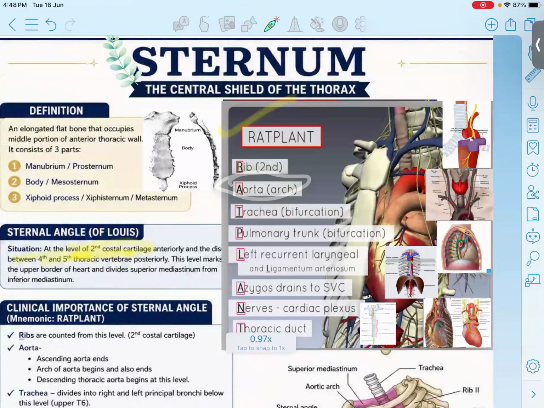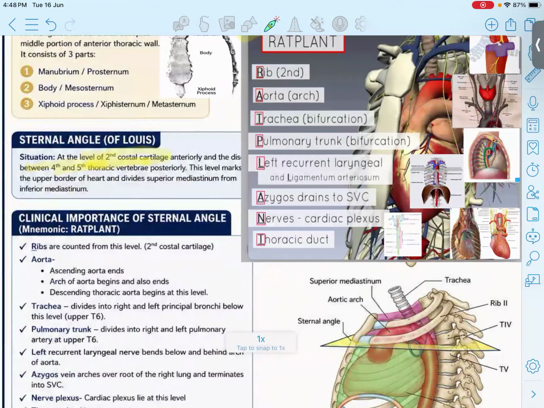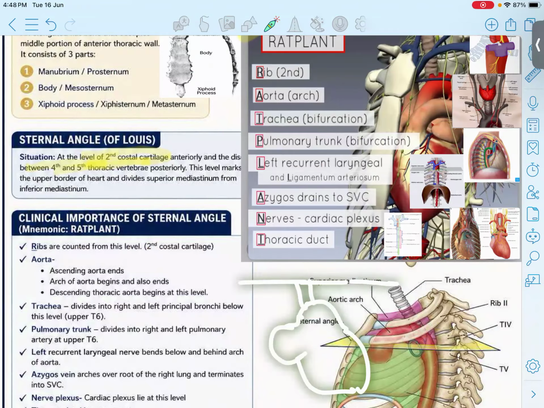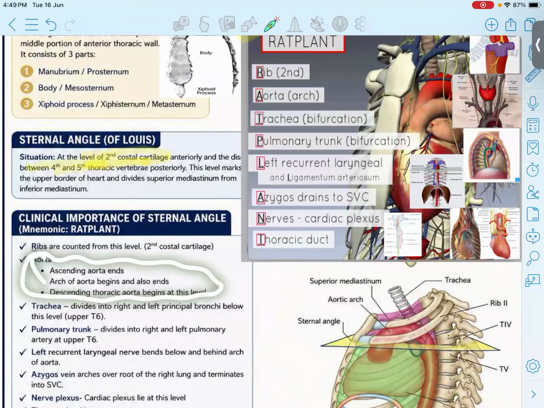This is the heart, and here is the ascending aorta. Suppose this is the sternal angle plane. The ascending aorta ends here, and the arch of the aorta begins and ends at this plane.